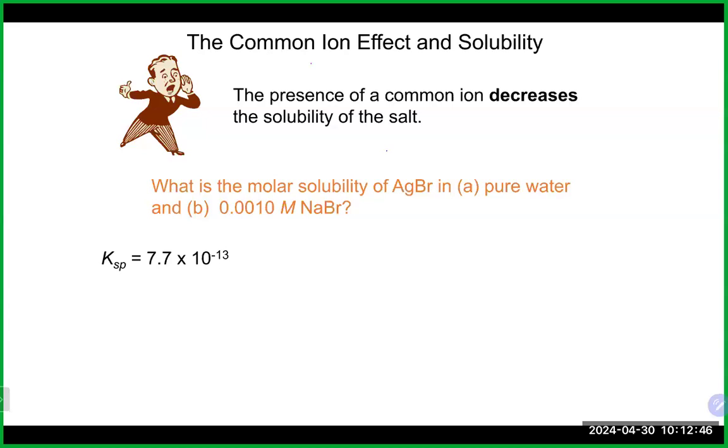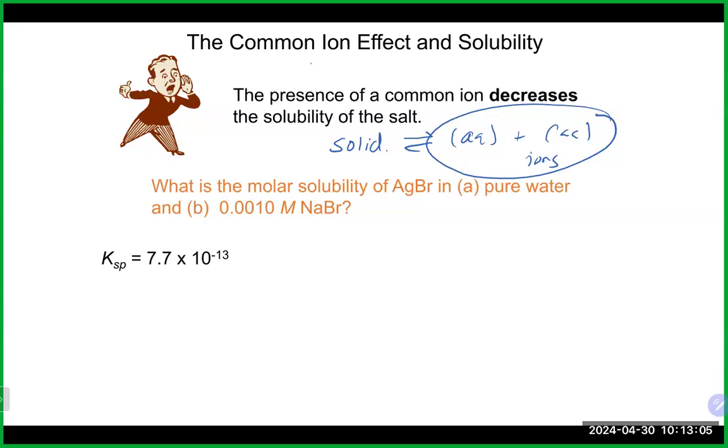If you think about how these reactions are set up, you have solid on the left and our aqueous ions on the right, which means if you have a common ion, the only place in the equation it could end up is on the product side, right?